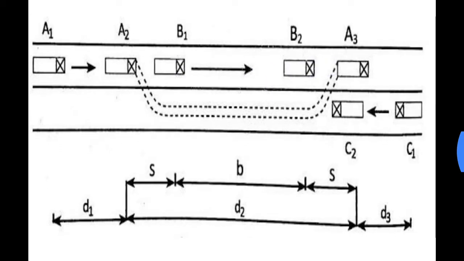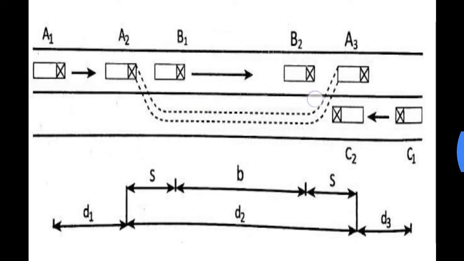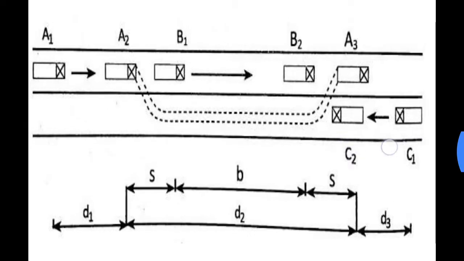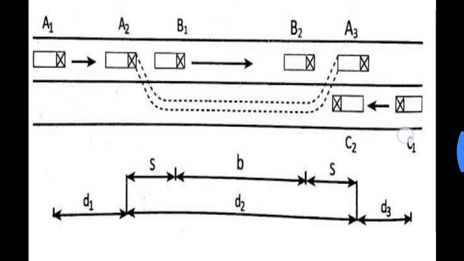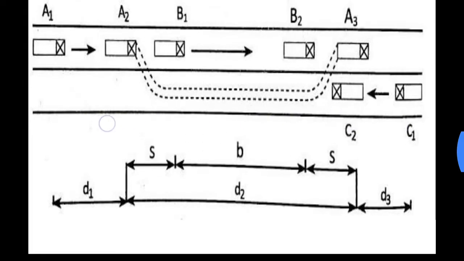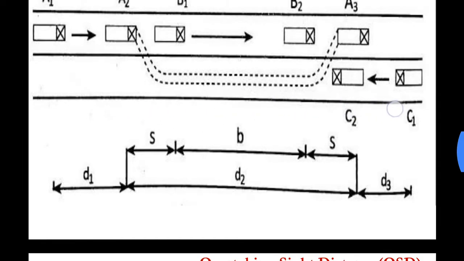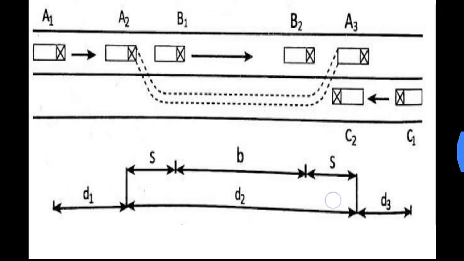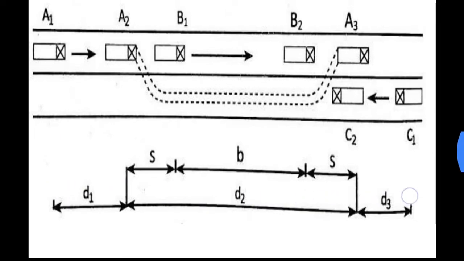Here you can see the overtaking operation, and C is the vehicle moving in the opposite direction. What we need to do is find out this total distance, which would be d1 plus d2 plus d3.